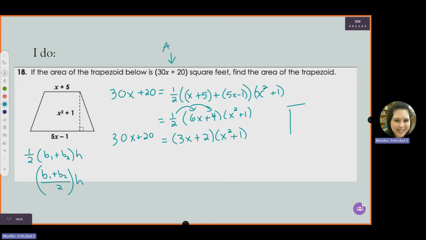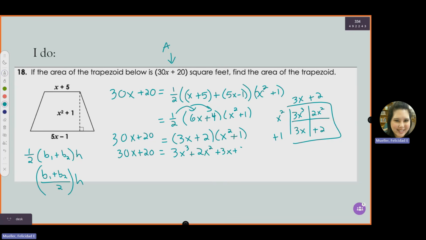I'm going to do a box. 3x plus 2, x squared plus 1. We're gonna get 3x cubed plus 2x squared plus 3x plus 2.